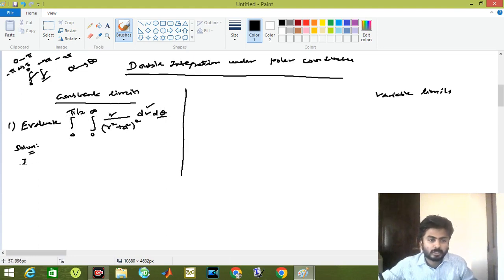Okay, so solution: let I equal to integral 0 to pi by 2 integral 0 to infinity r divided by r square plus a square the whole square dr d theta. This is given, and this is in correct form.